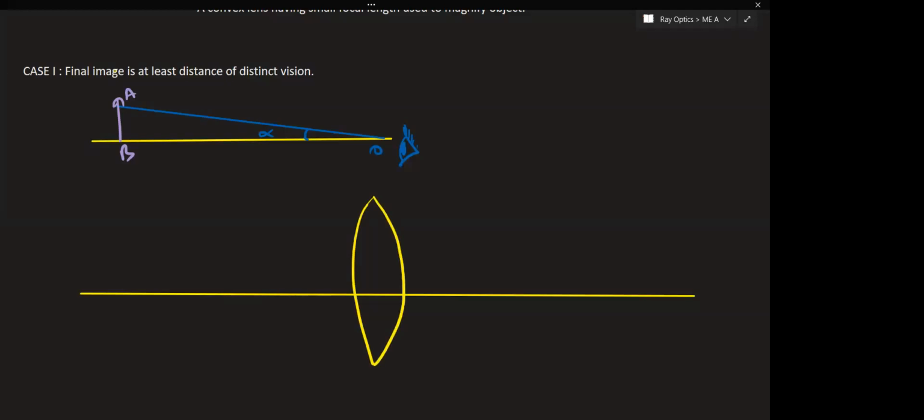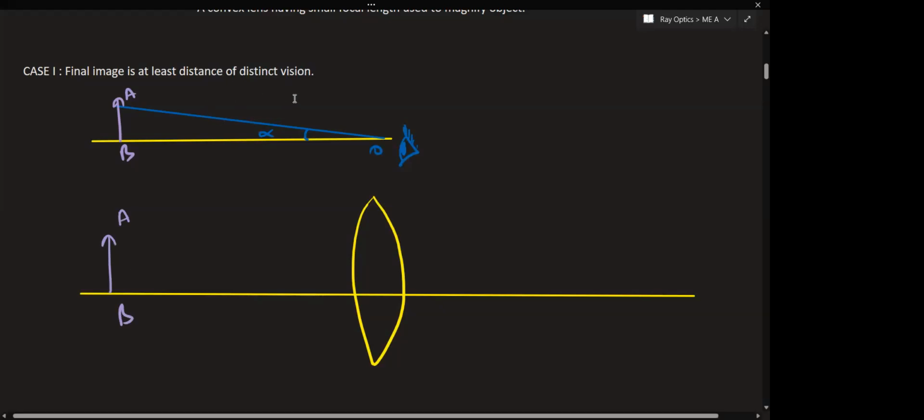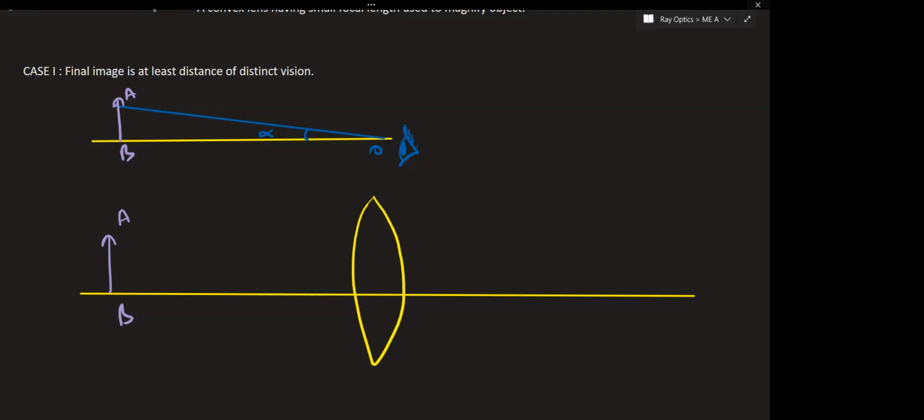So the convex lens is there. Now see, the object is kept. This was the case, which I have drawn without the lens. Now the lens has been inserted, so now the ray diagrams will begin.